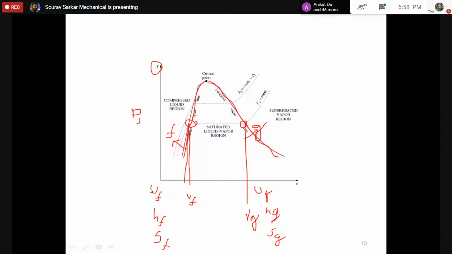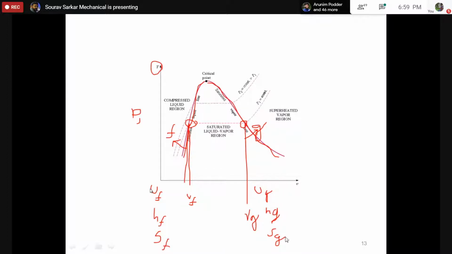So at the state g, you have specific volume, internal energy, specific enthalpy, and specific entropy of the saturated vapor. So for each temperature, you have this data. Similarly, for each pressure, you have a corresponding saturated temperature and all these values.